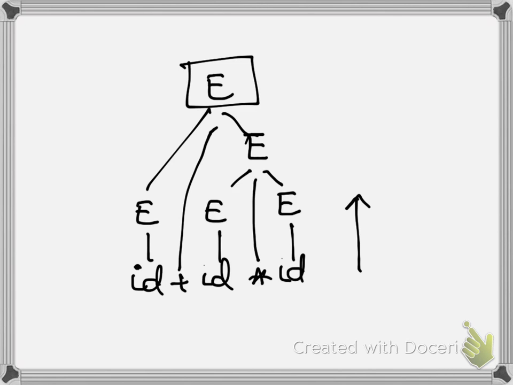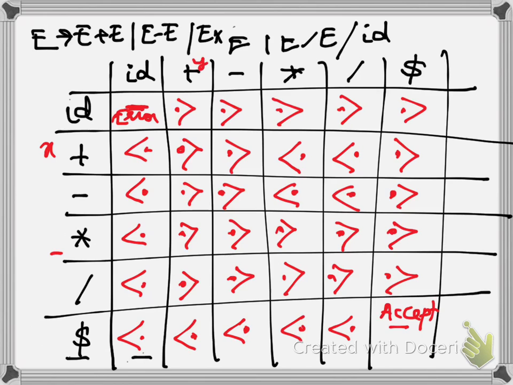Now if you look at this example, you can see that here I had only this many operators. In any programming language, you may have hundreds of operators and non-terminals. In such a situation, your table size becomes very big.